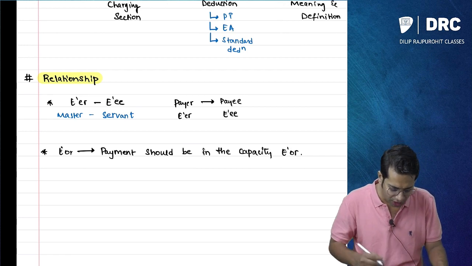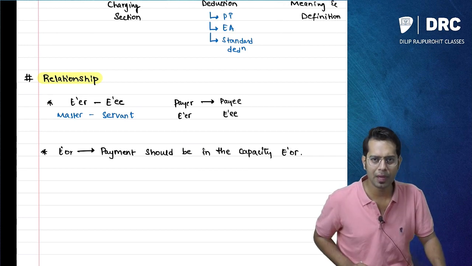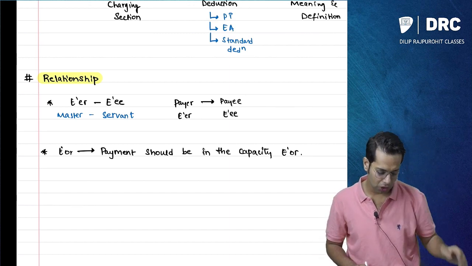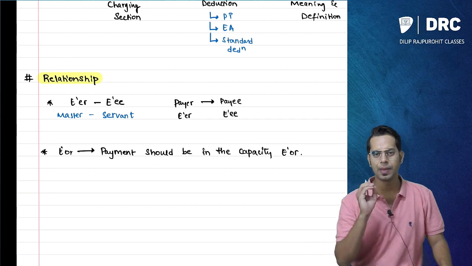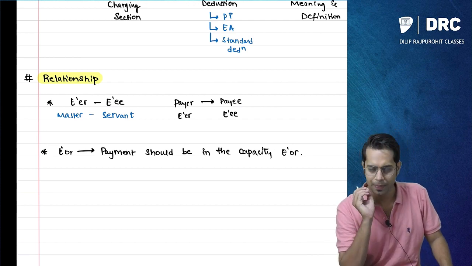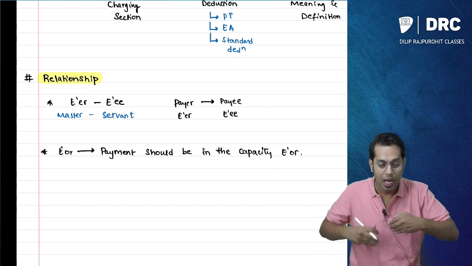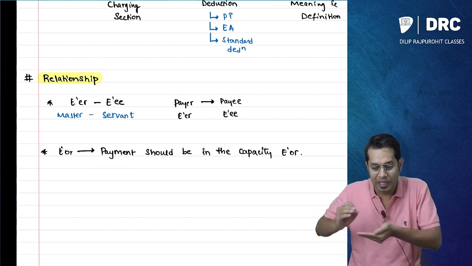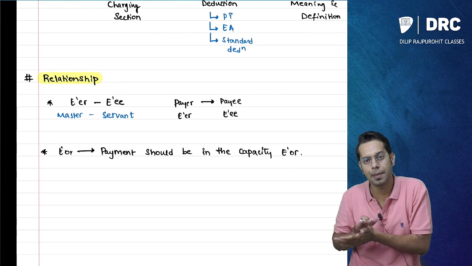Whatever payment you are making, you should make that payment in the capacity of employer.